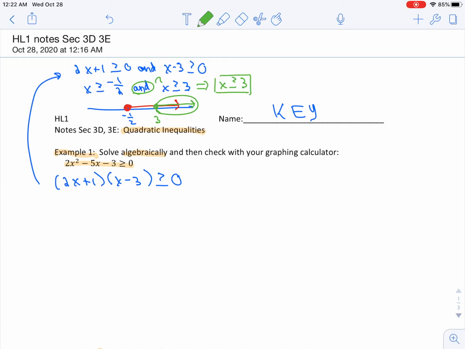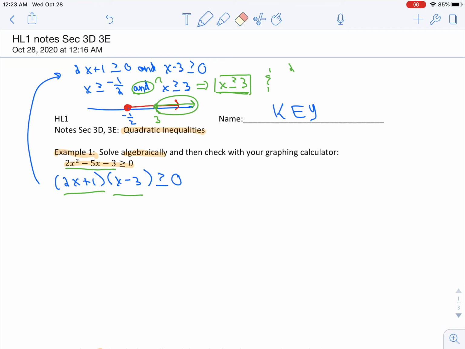Okay, and if you try a few values that are greater than or equal to 3, like let x equal 3, let x equal 4 or 5, and check them in this inequality, you'll find that that does work. The problem is that we haven't gotten all the answers. I'm not going to follow this all the way through, but what we also have to consider is, what if both of these are negative? A negative times a negative also gives us a positive.